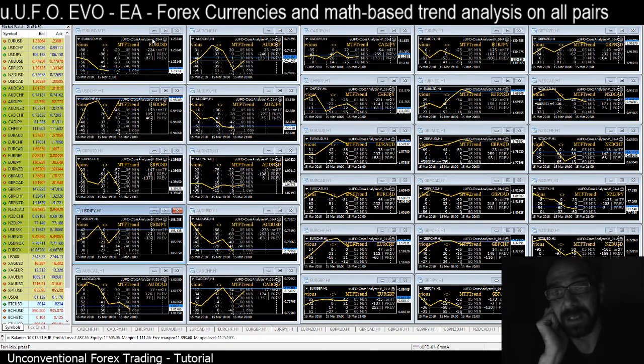But basically the most important thing that analyzes in a mathematical based concept is the trend, or when there can be some turns, and it's always based on the same principle of the UFO, but the UFO has a vision of the whole market and provides a currency analysis.